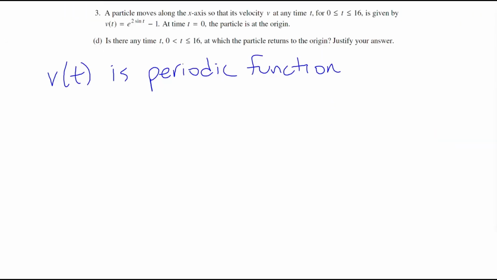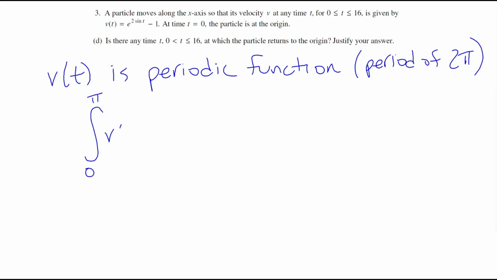So it's a periodic function, and we'll say period of 2 pi. And we can see what the integral from 0 to pi of v of t is. And we can see what the integral from pi to 2 pi of v of t is.